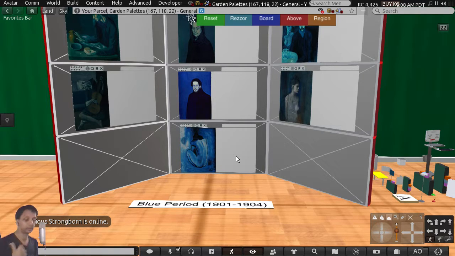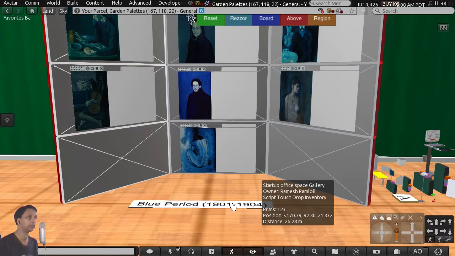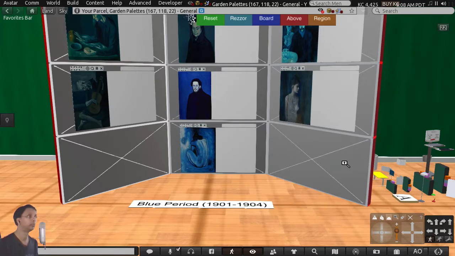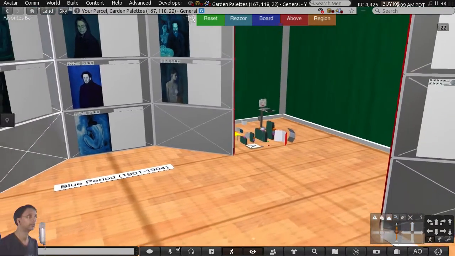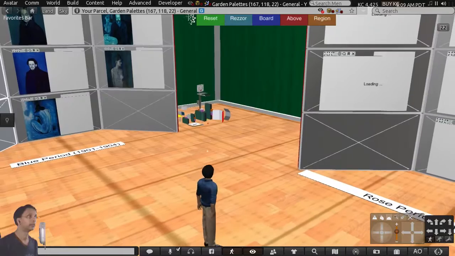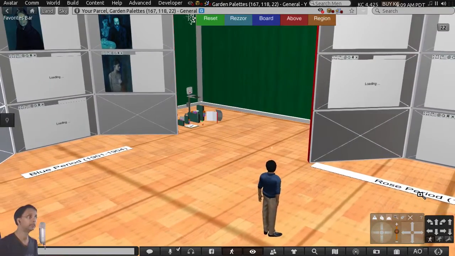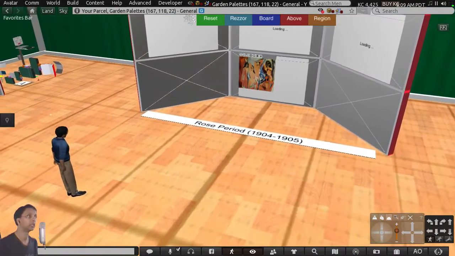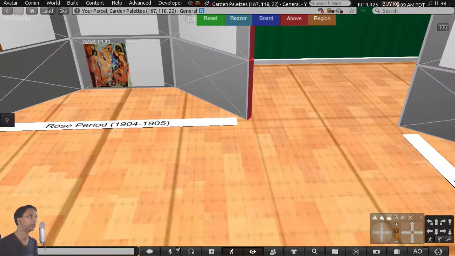But what stood out for Picasso is that those categories are the blue period and the rose period, and these tended to be associated with years.